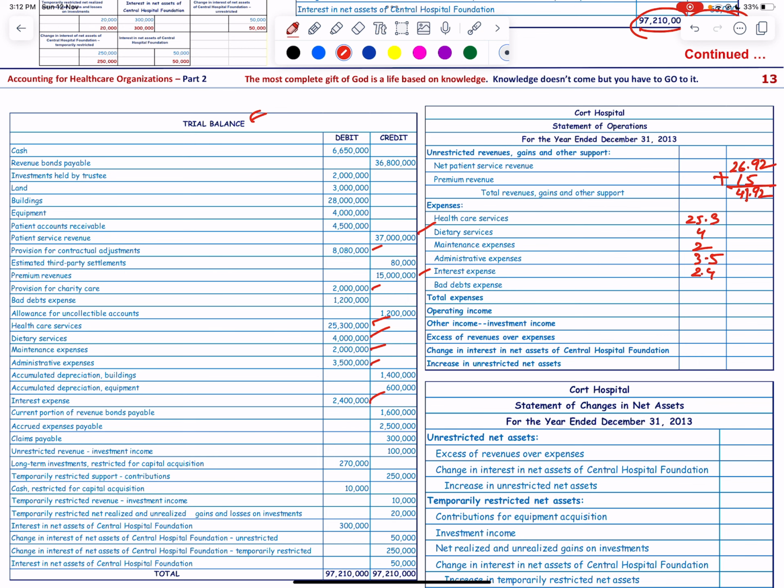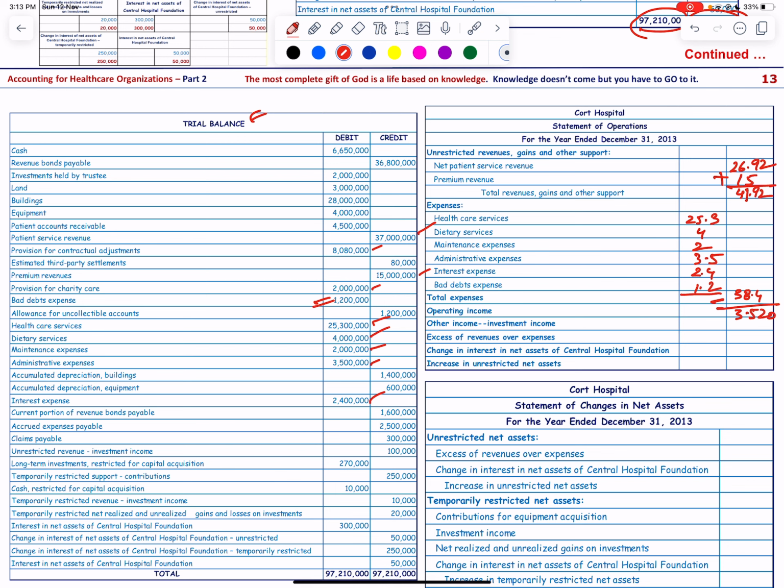And what else, we have the bad debt expense of 1,200,000. So the total is going to be 38,400,000.